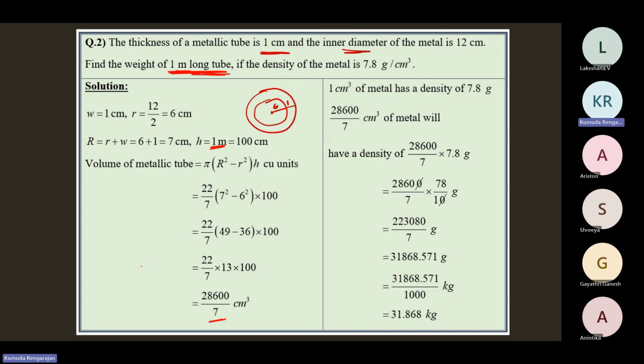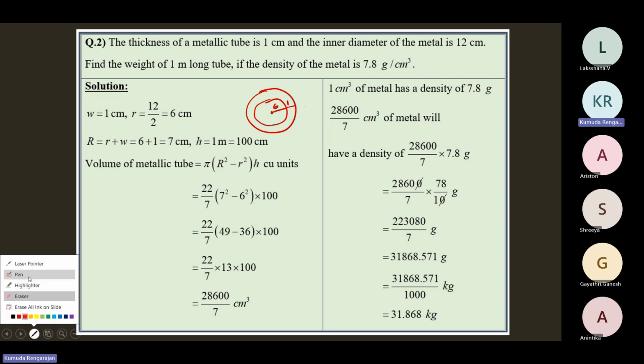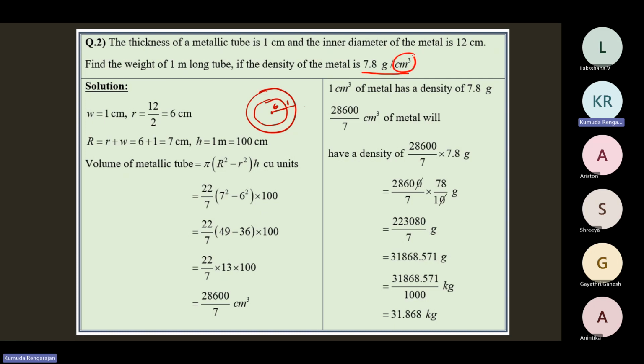Now we've written all the values, W, small r, capital R, H, but how do you know whether you have to find volume or surface area? That is very evident from the information given in the question. You see what's given here, 7.8 grams per centimeter cube, and this is the unit for volume.